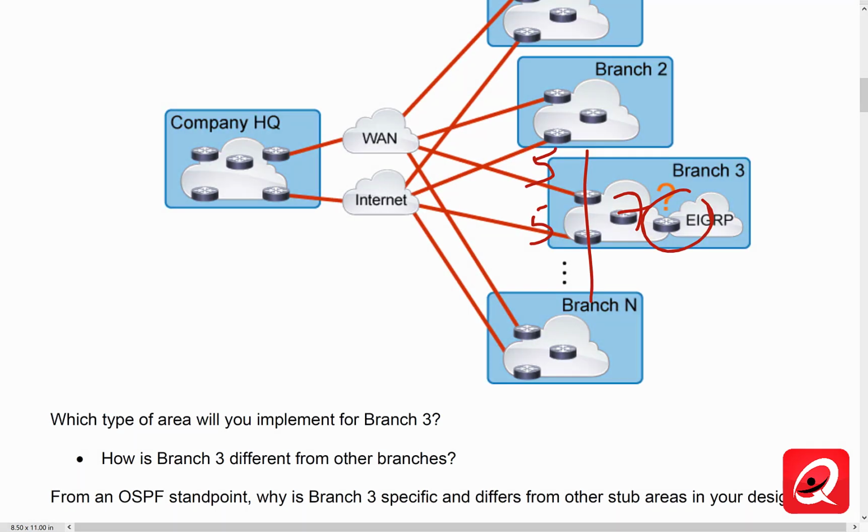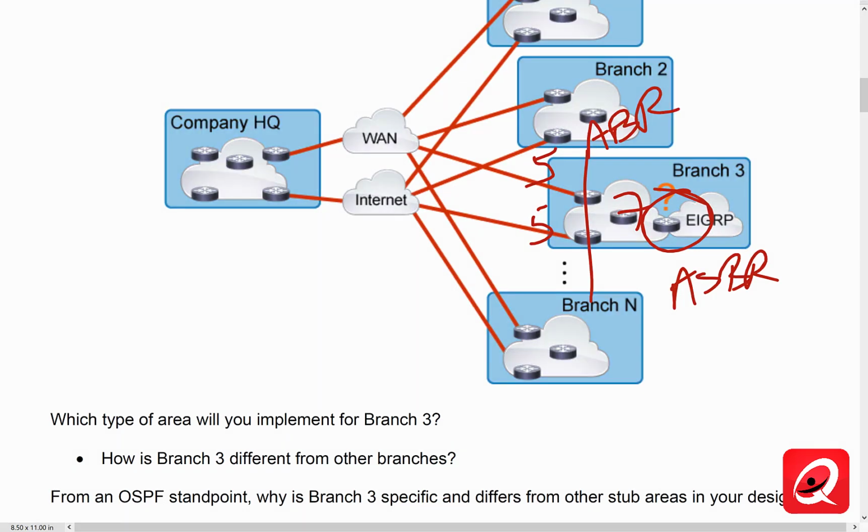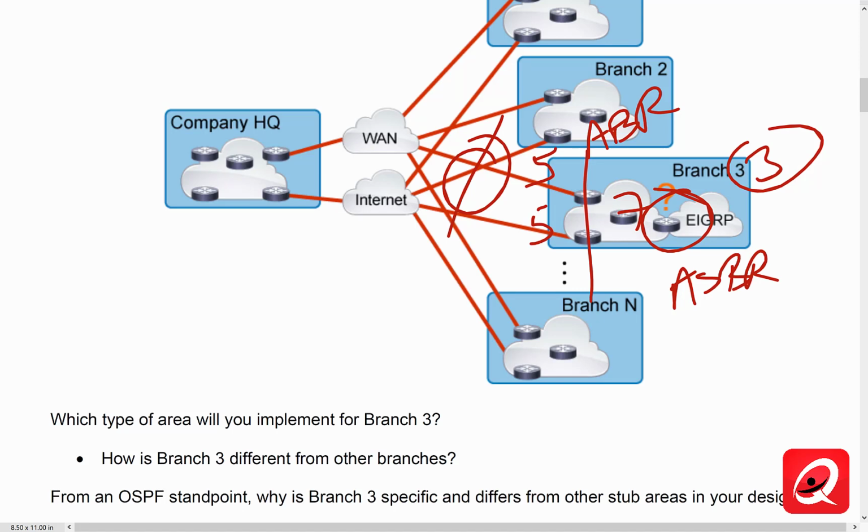We can still do summarization there. Remember, we can summarize on an ASBR and we can also summarize on our ABRs. We can only summarize the 1s and 2s on the ABR. So this is our area 0. This is our area, we'll just call it 3 in this case because it's branch 3. All right, so that would work out pretty well.